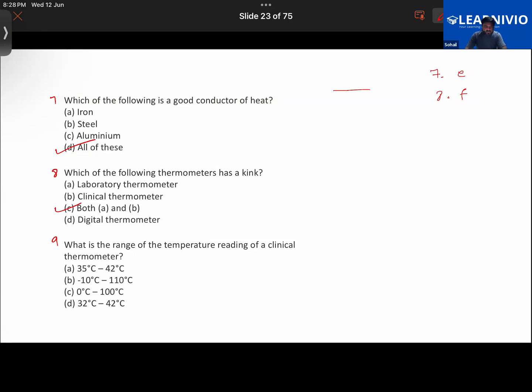Yes, sir. That is correct. Good. Habib, you have answered it incorrectly. Read the question once again. It's talking about a clinical thermometer, but you answered for a laboratory thermometer, which would be minus 10 degrees Celsius to 110 degrees Celsius. So that is option A, not B.